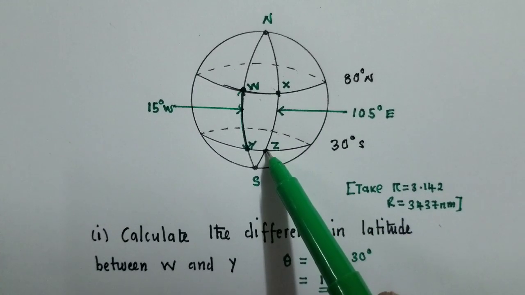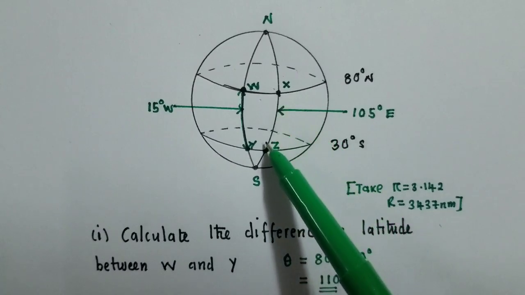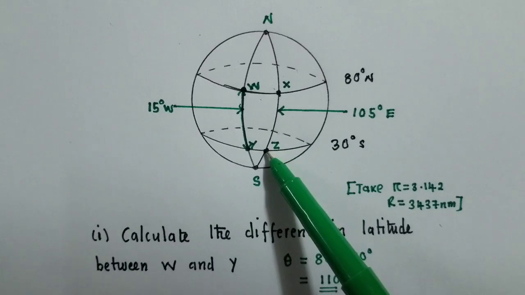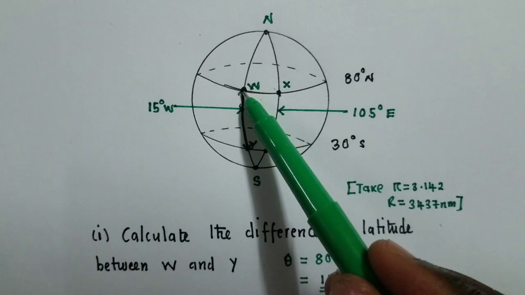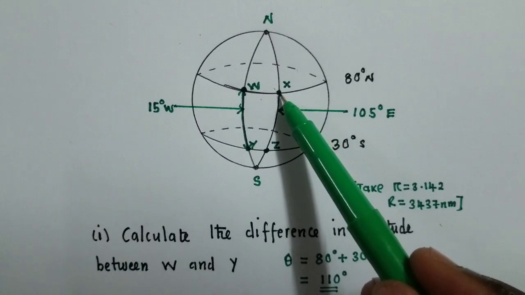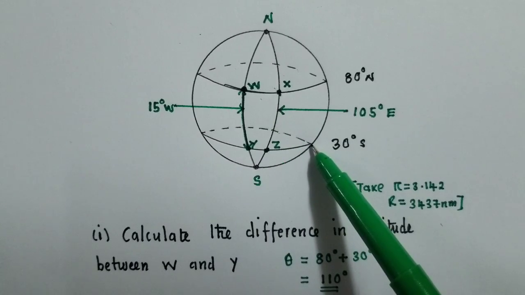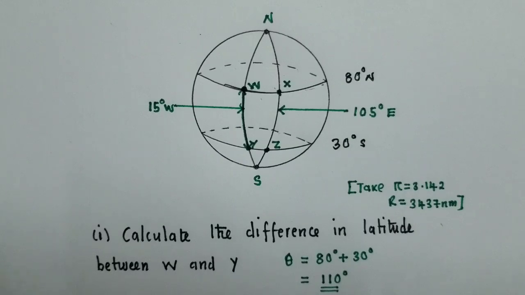So the theta will be the same from here to here and here to here, because we have the same latitude here and the same latitude here. So we are going to use the formula.